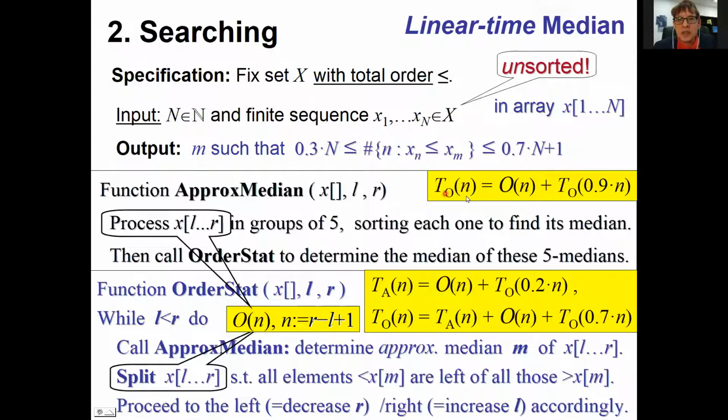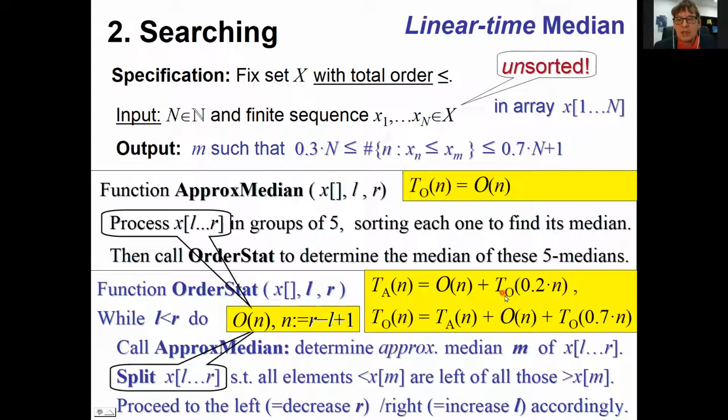So that's the simplified combined recurrence, like in linear algebra, combining two linear equations to eliminate one variable. Here we combine two recurrences to eliminate one term. And this recurrence we can solve using the master theorem and see that the solution is linear. It's linear time incurred by order statistics, and thus, since approximate median, plug that in here.